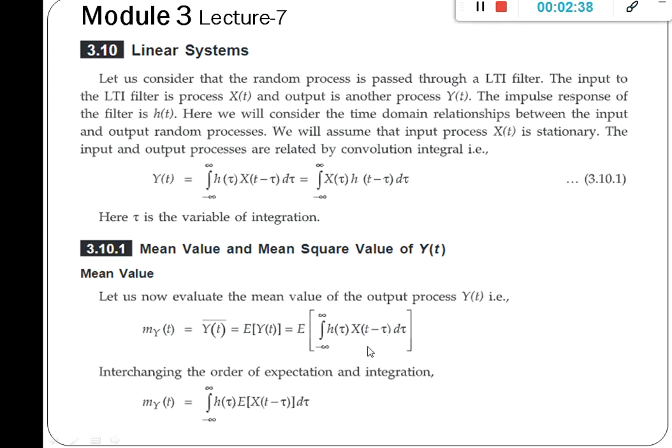Here h of tau is the impulse response of the system, so we take the expectation over x of t minus tau and integrate.